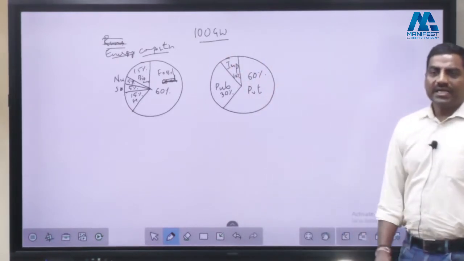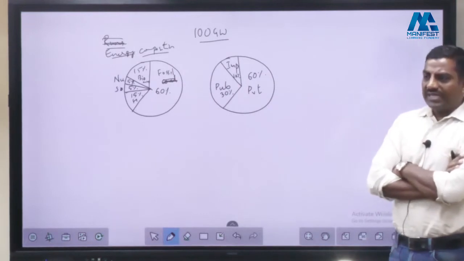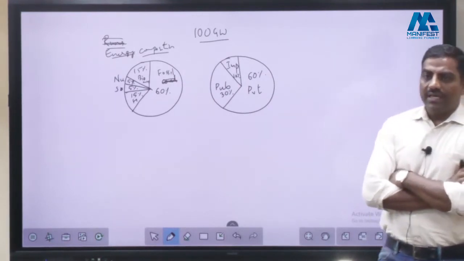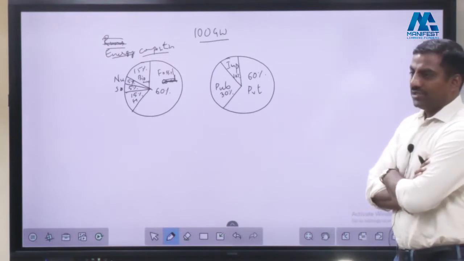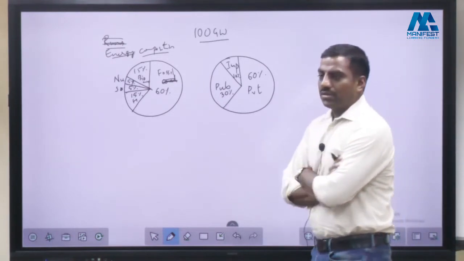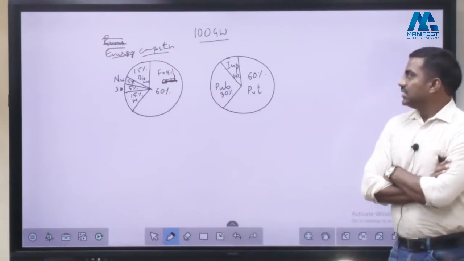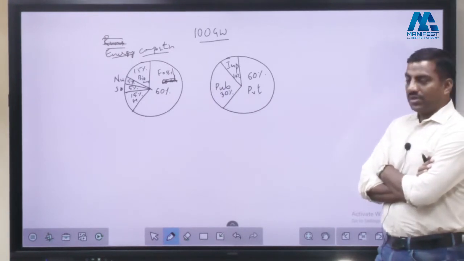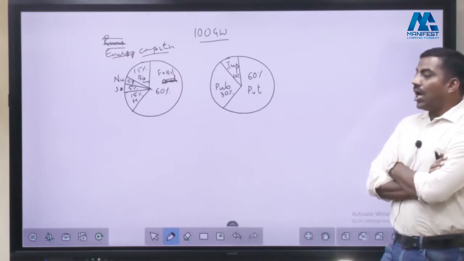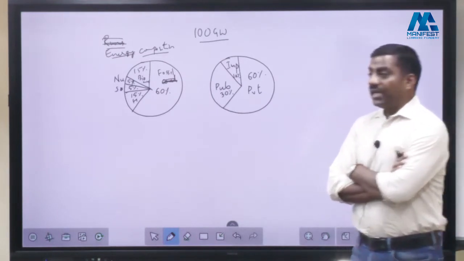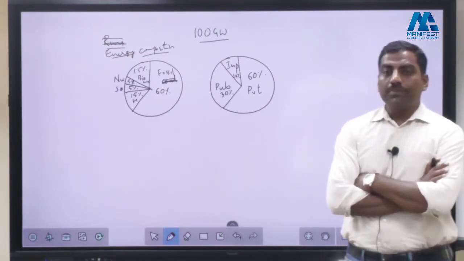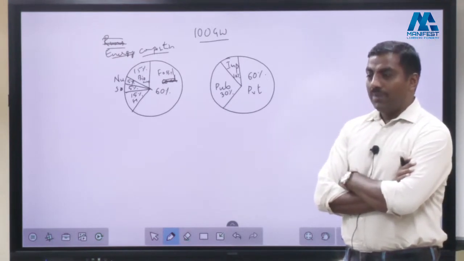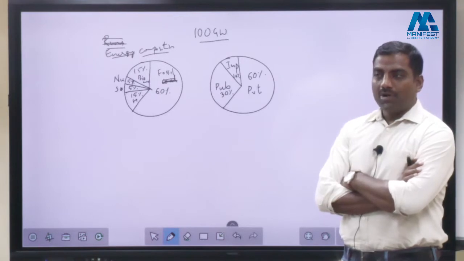Now tell me, if India's energy production was 100 gigawatts, just an example, how much of the energy is coming from fossil fuels? 60 gigawatts. Now how much of the energy is being produced by public sector fossil fuel based power plants?